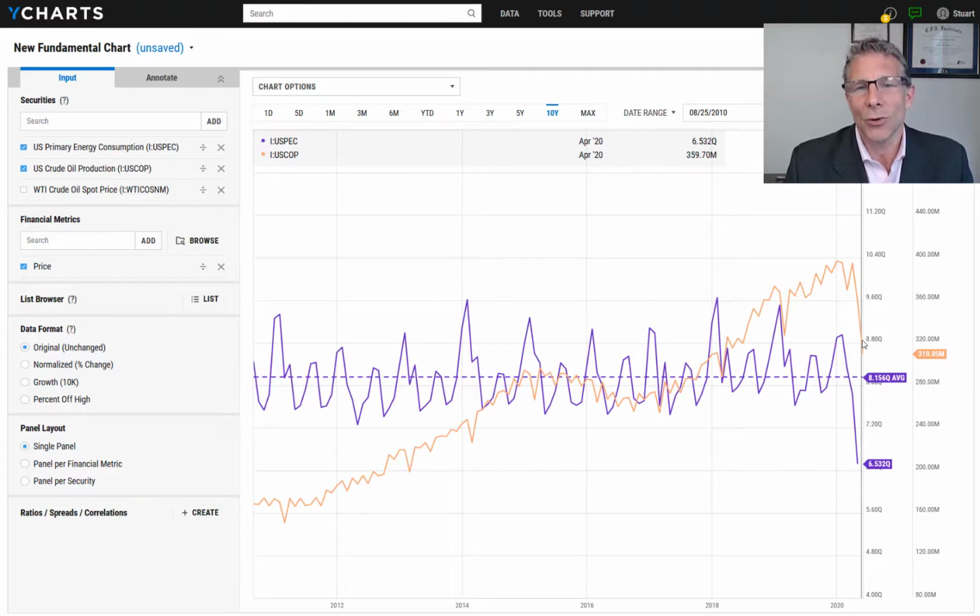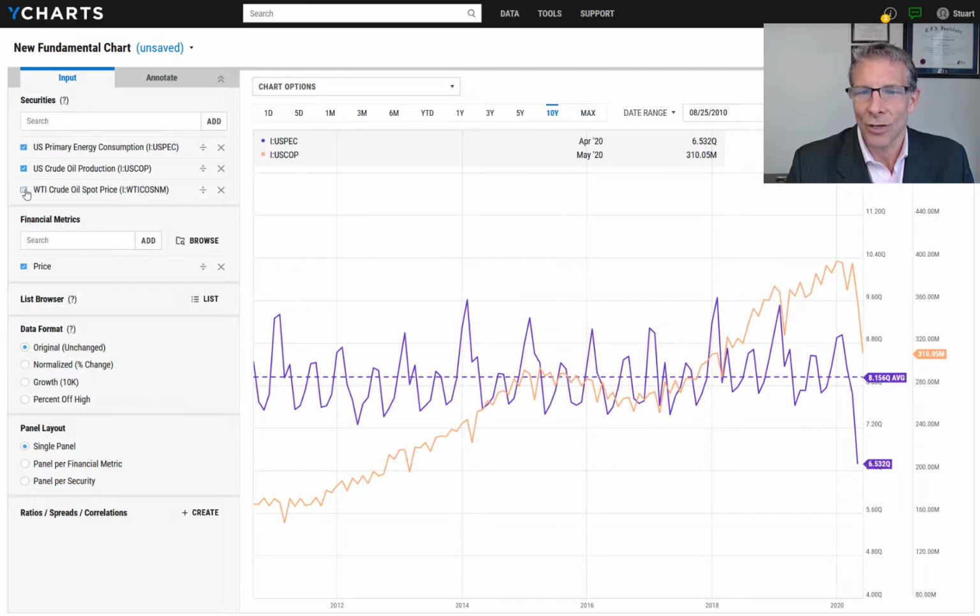So the spot crude prices actually went negative, meaning people were going to pay $35 a barrel for you to take the oil off their hands. Usually you have to pay to buy the oil. You were getting paid to take the oil because there was no storage available. So you see a big drop off of the oil productivity right here.